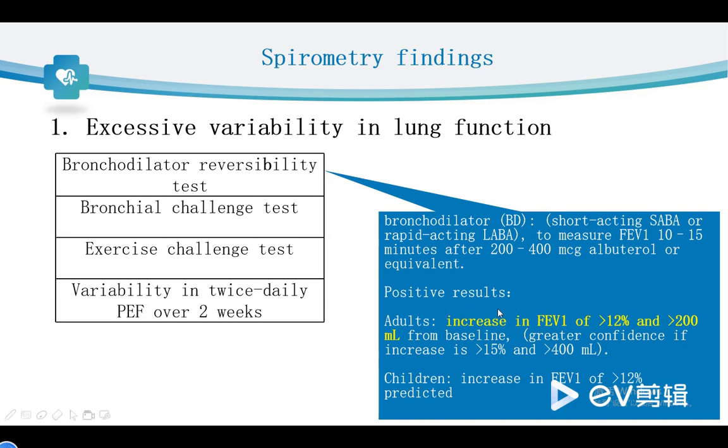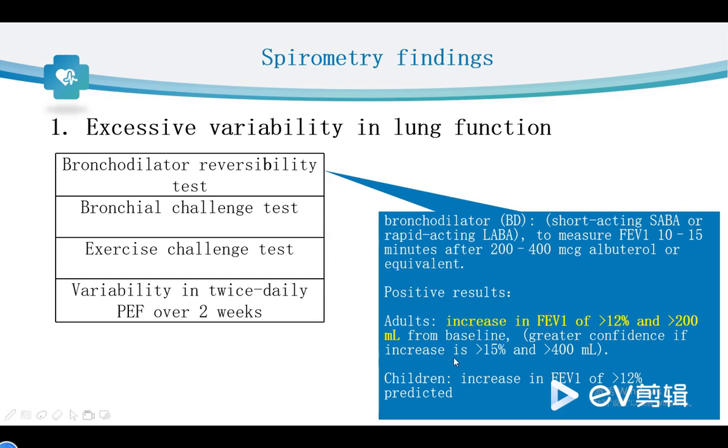The positive result shows an increase in FEV1 of more than 12% or 200 milliliters from the baseline. That means the data before using the bronchodilator.